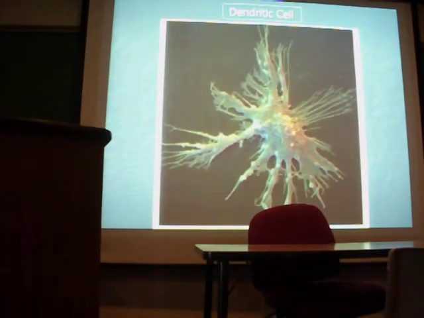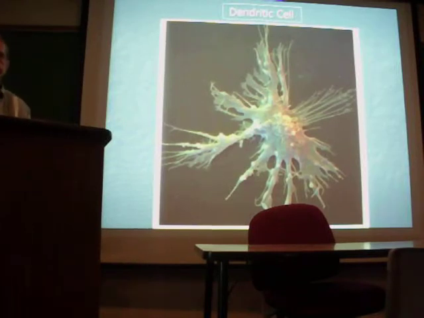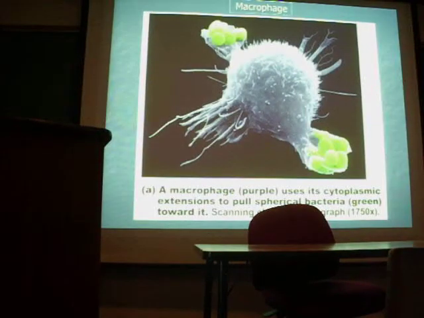This is one of the class of antigen-presenting cells. These cells will latch on to foreign antigens and carry them to T cells. Typically they're going to carry them back to the lymph nodes where they can be exposed to T cells. Here's a macrophage that can also act as an antigen-presenting cell.